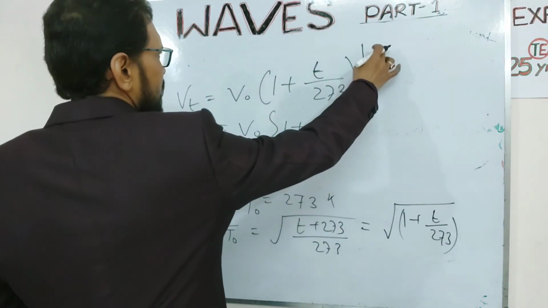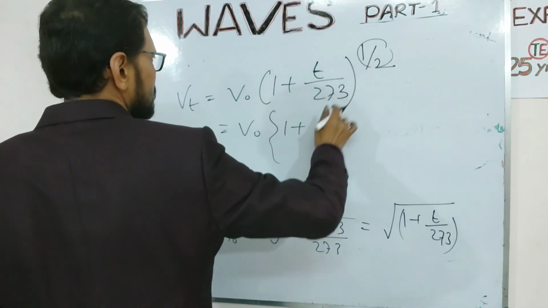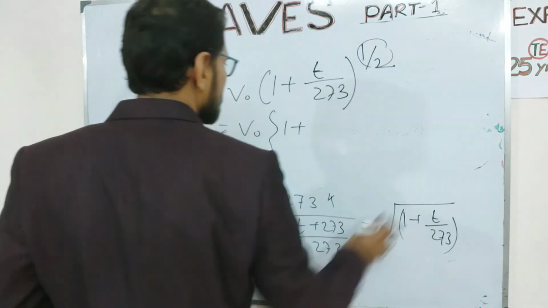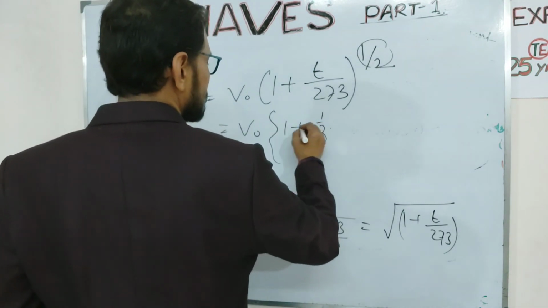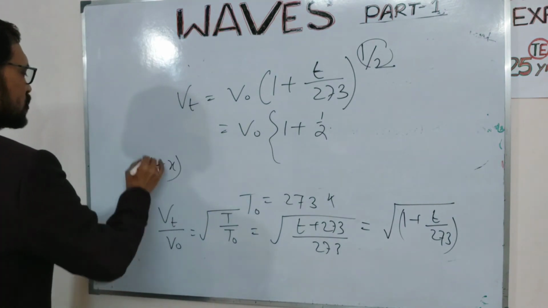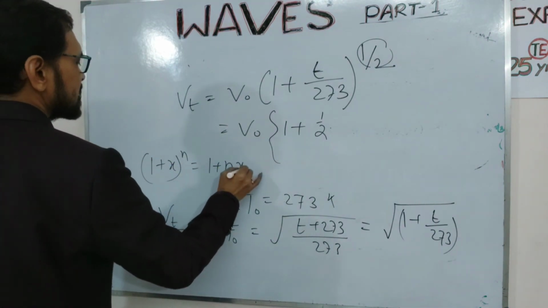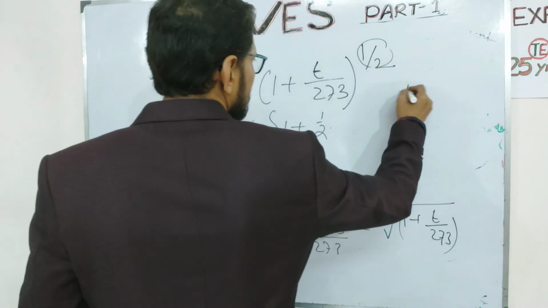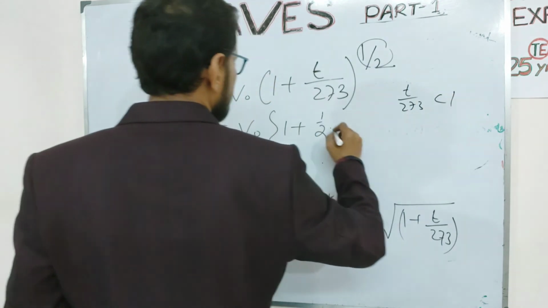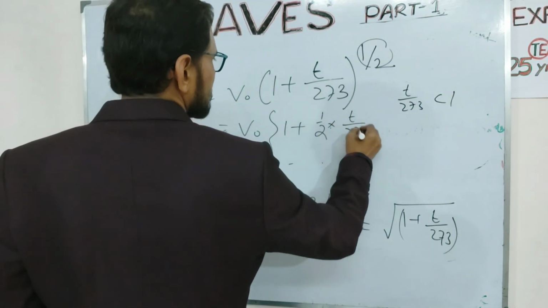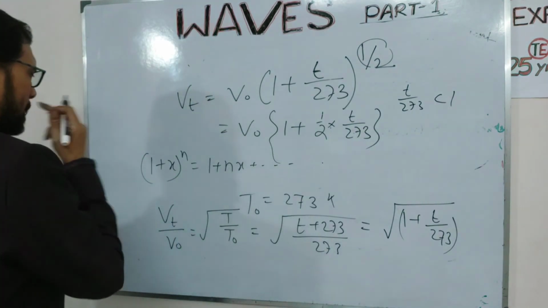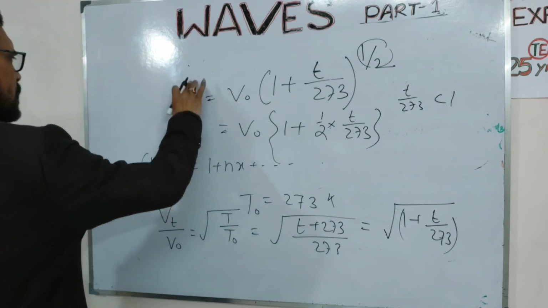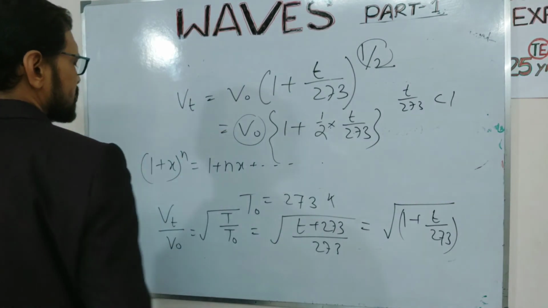This is a fractional power, so the expansion will be first t, then t square, etc. We just use (1 plus x) whole to the power n equal to 1 plus nx, as higher powers of x are negligible. Then Vt equals V0 into 1 plus half of t by 273. So this is Vt, velocity of sound at t degree centigrade. V0 is velocity of sound at 0 degree centigrade.